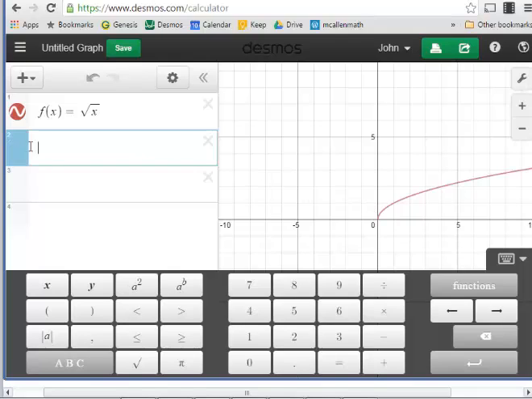Or I can put the negative in front of the function notation, and I get the same result as if I put the negative in front of the original function. I can do both at the same time and get both flips. Again, Desmos showing its versatility with function notation.